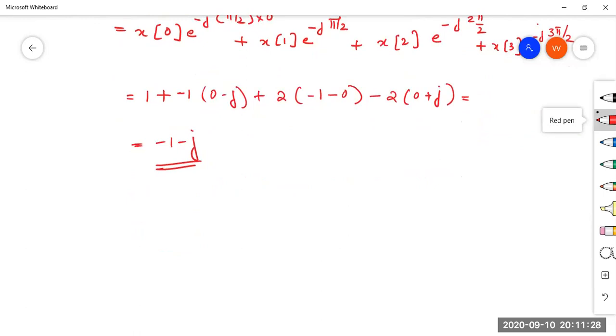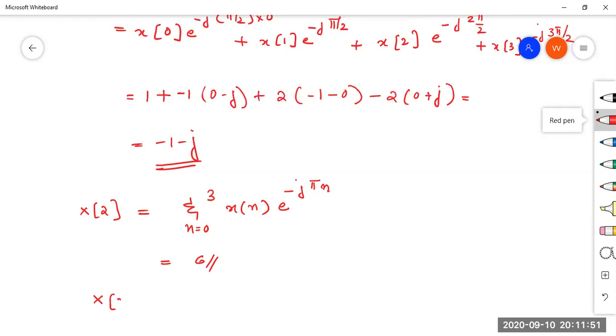Then you can find X of 2, which will be equal to sigma n equal to 0 to 3 x of n e raised to minus j, when k becomes 2, it becomes pi into n. Now the answer for this becomes 6.